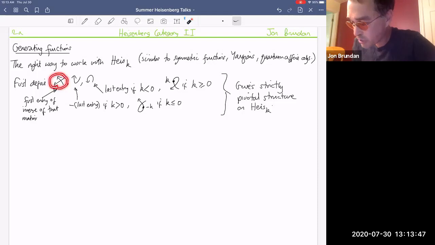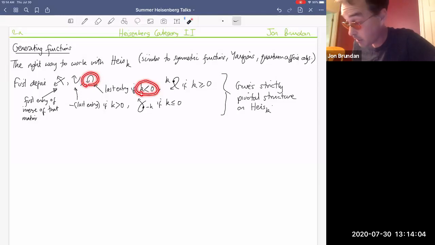The leftward crossing is just the first entry of that inverse matrix. And to define the leftward cup and cap, it depends on whether your central charge is positive or negative. If your central charge is negative, then that leftward cap turns out just to be the last entry of that inverse matrix. But if k is greater than or equal to 0, that leftward cap gets defined as this strange curl with k dots on it.